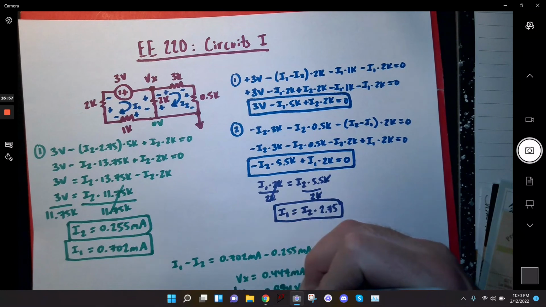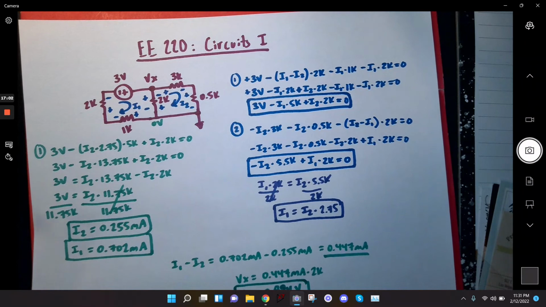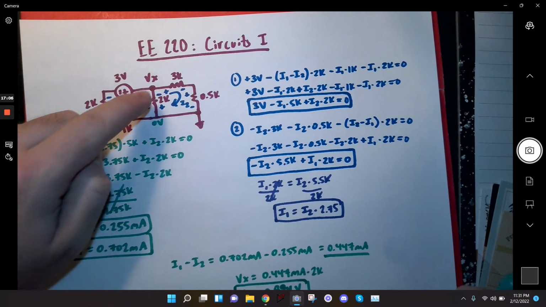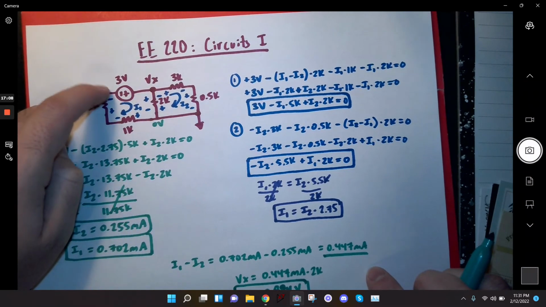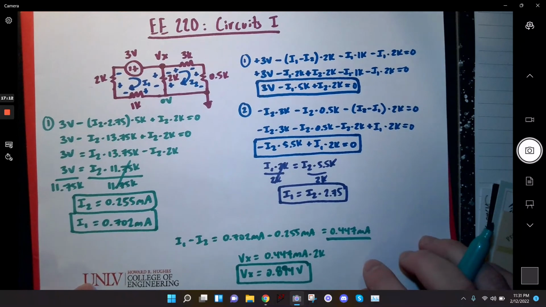And we're done. We found Vx. And now you could find other voltages in the circuit if you wanted to, because you have all the currents and you have Vx. If I take this Vx and I know that this drops by 3 volts and this is going to go negative, and so on, all the old stuff.